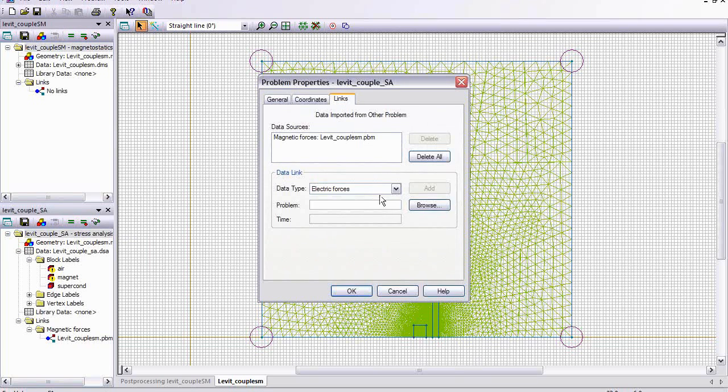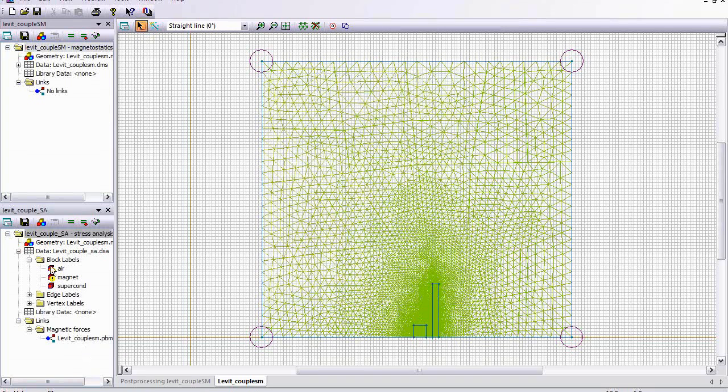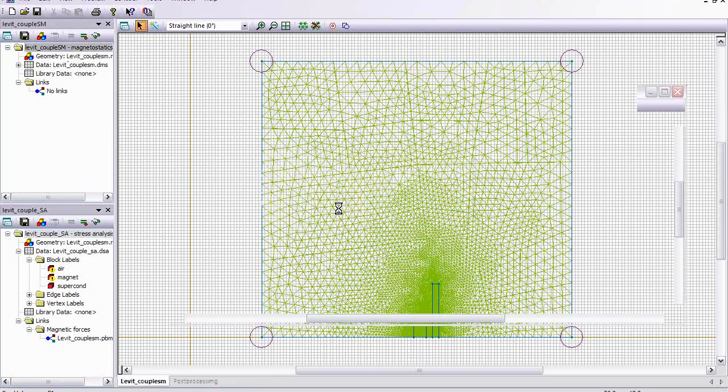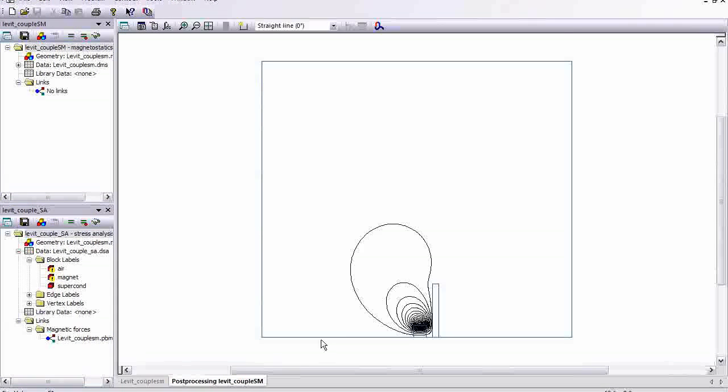So the data type is magnetic forces from this particular problem where we saw the magnetostatic previously. Okay, I can update that. So I have a link now between the problems, and I can solve the stress analysis. It had already been solved, but just to illustrate that again.